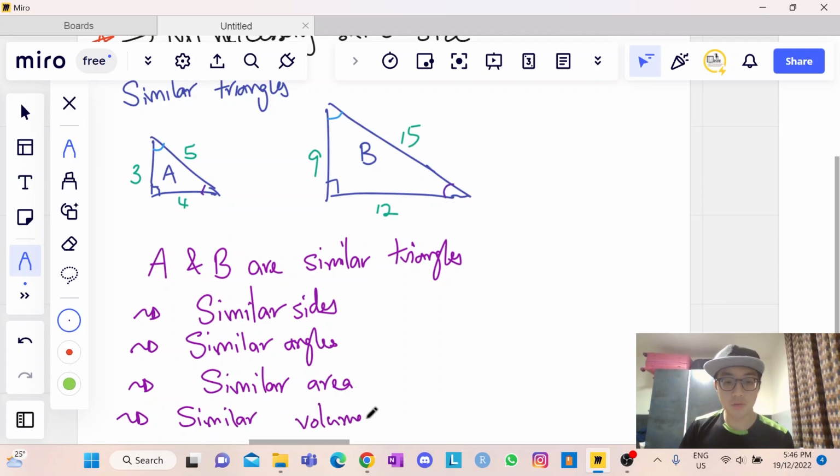But similar volumes are 3D, so it's not counted in this case.